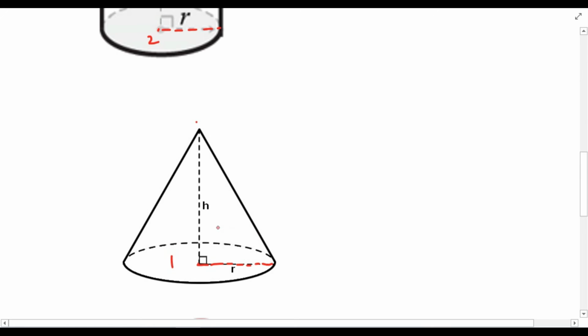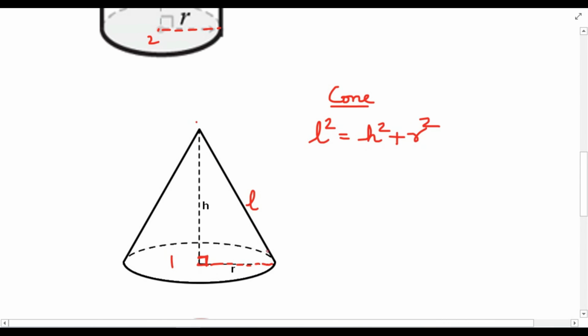In addition to R and H, we have one more thing called the slant height, and these form a right angle triangle. A solid formed by the revolution of a right angle triangle about one of its sides gives the cone. By Pythagoras theorem, L square is equal to H square plus R square.